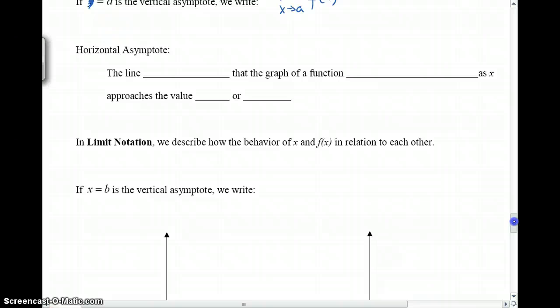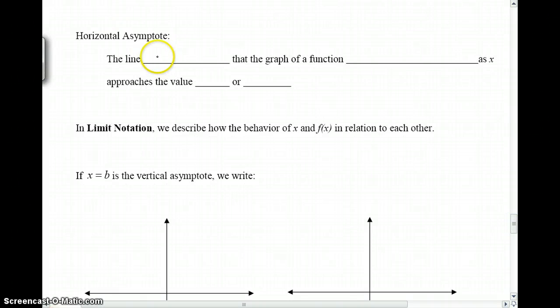Horizontal asymptotes are very similar, but it's a horizontal line, so we'll call it y equals b. And it's the value that the graph approaches at the ends of the graph as x approaches infinity or negative infinity.